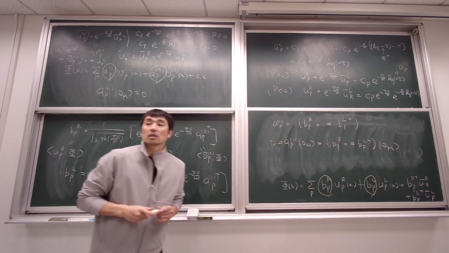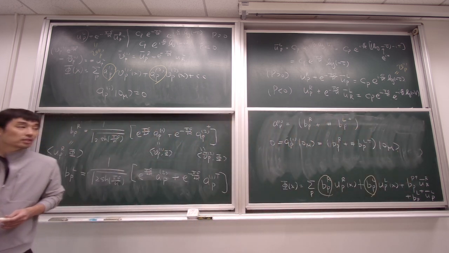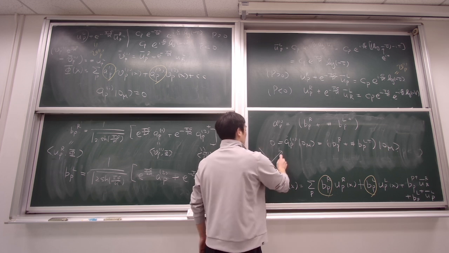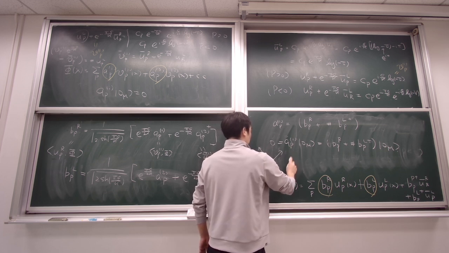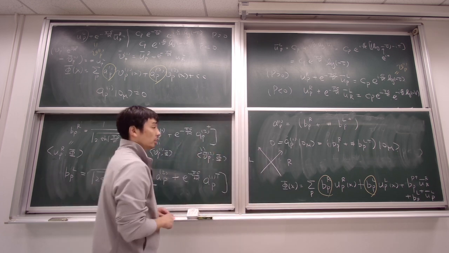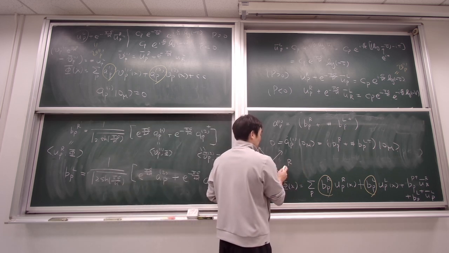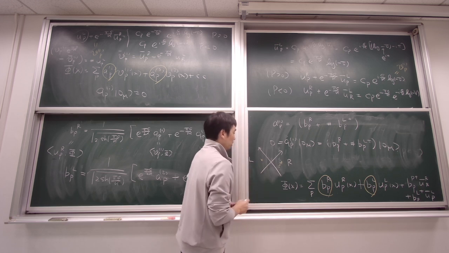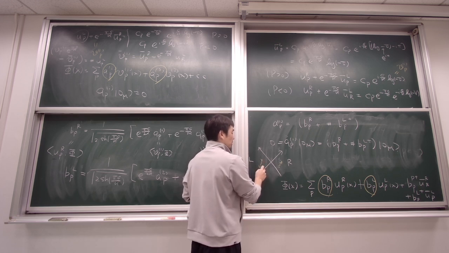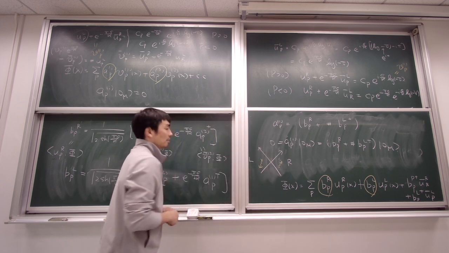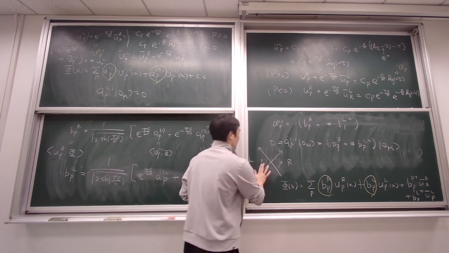Is it okay? This means the following. If you have Rindler space, here the right Rindler wedge and the left moving wedge. Here in the right wedge, annihilation happens in the vacuum at some point, but here creation will happen.